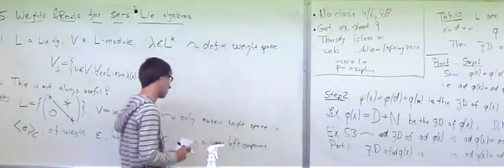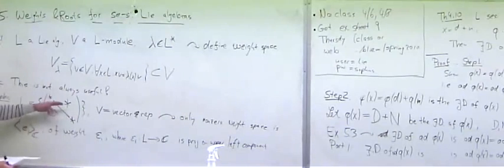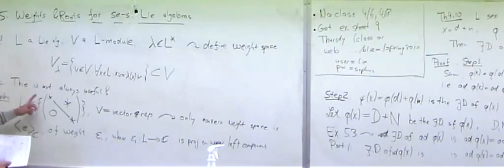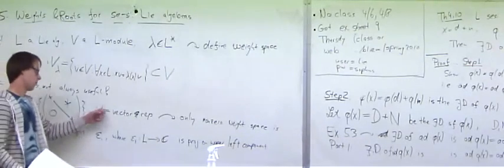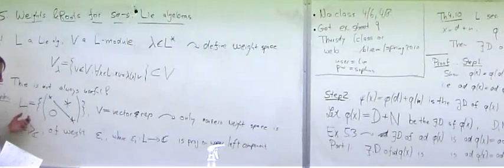Well, I think we didn't do this, but you can convince yourself that this is the only weight space which occurs here. So if we make n large, so the size of the matrix is large, then V will be a very large vector space, but the only weight space is one-dimensional.